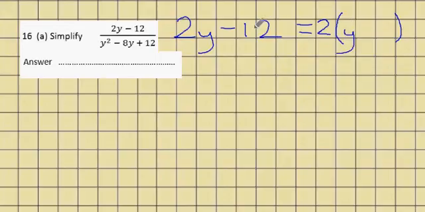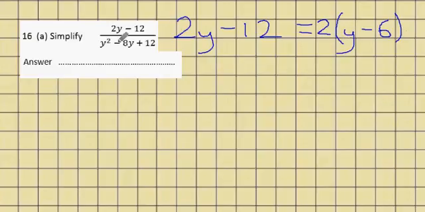In other words, 2 times what gives me 2y? The answer is y. I have a minus divided by a plus, so I'm going to get a minus answer. And 12 divided by 2 is 6, because 2 times 6 is equal to 12. And so now I've fully factorized 2y - 12 to be 2 times (y - 6). So that's going to be the numerator in my new fraction.